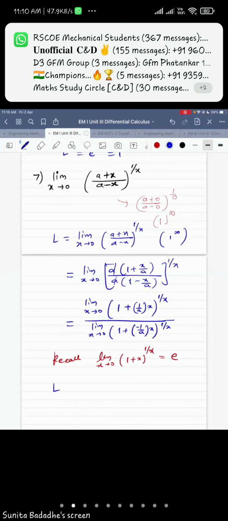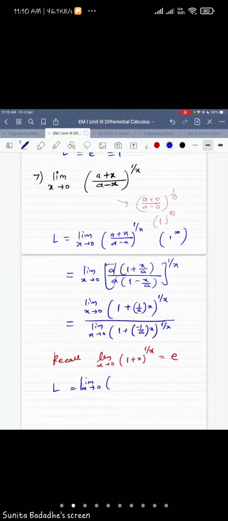So we'll get L equal to, now my numerator is limit extending to 0. So see, it is e, but if it is x by a, or in a different form, what will be the answer? If it is a x, then what answer you get? Have we seen that formula? Please see your notes.